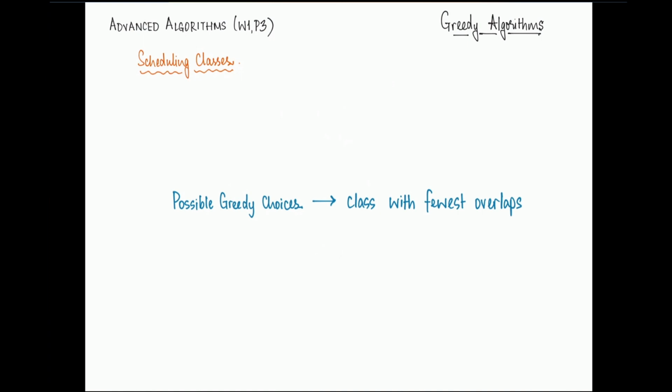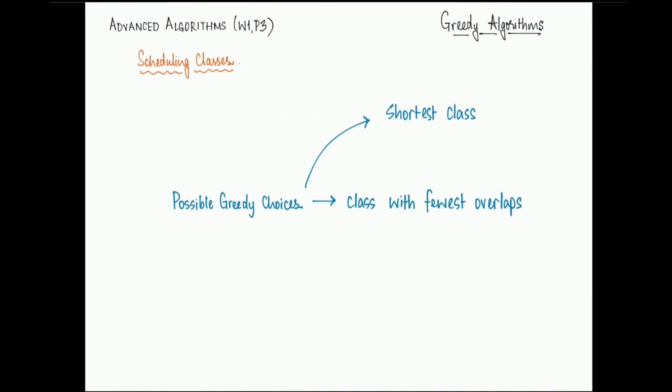On the other hand, you might also say, well, perhaps I want to pick the shortest class. And again, the intuition for this is similar to what we had before. Shorter classes are less likely to have a lot of conflicts because they're short. And you would imagine that maybe if we pick the shorter intervals, then we will be able to span more classes. So that would be one reason for picking this greedy strategy.